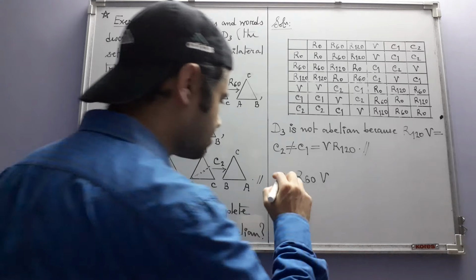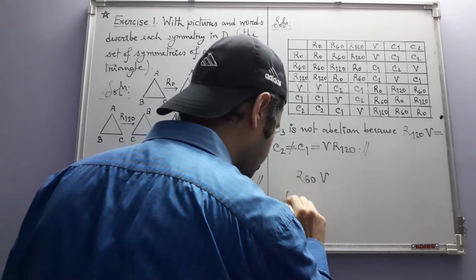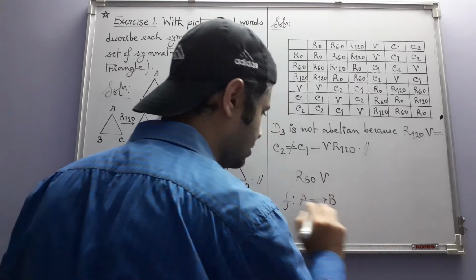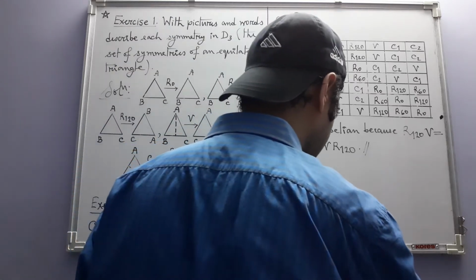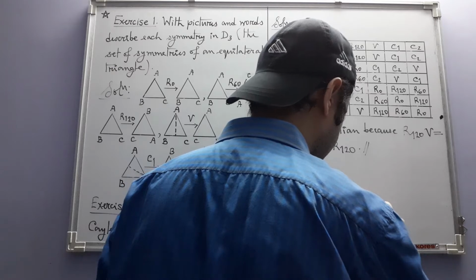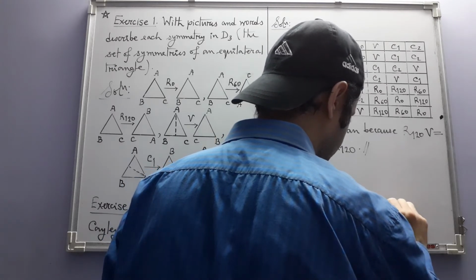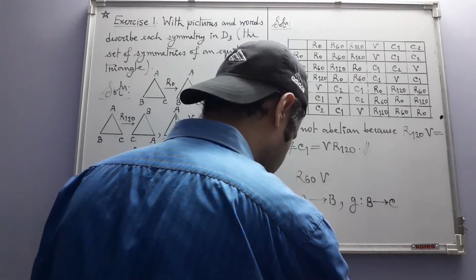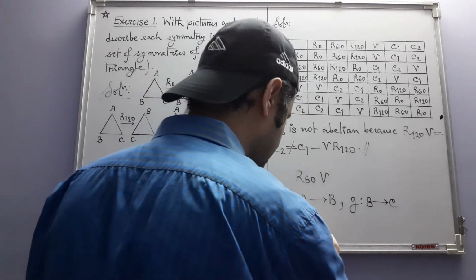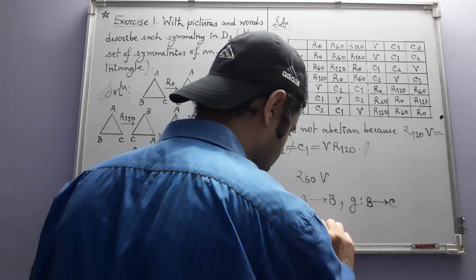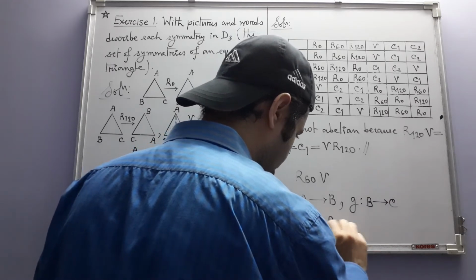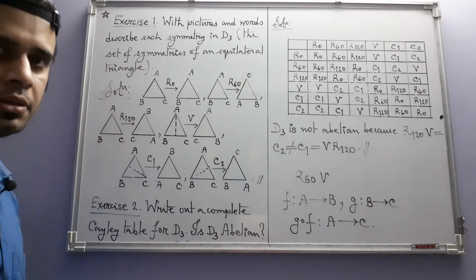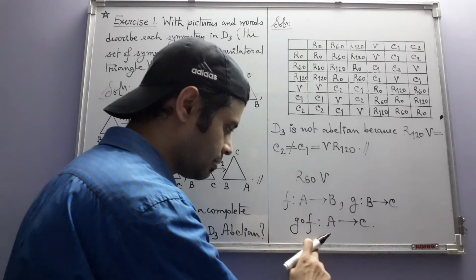It's like this. You have two functions, say F mapping A into B, where A, B and C are sets, suppose, and G mapping B into C. Then the composition of F and G is written like this, and it's a mapping that maps A into C, and we write it like this.